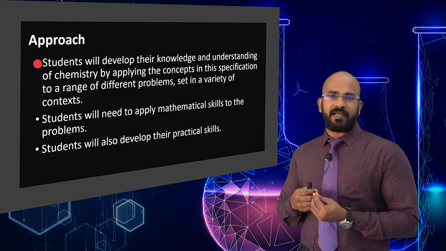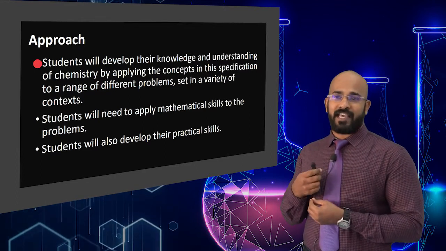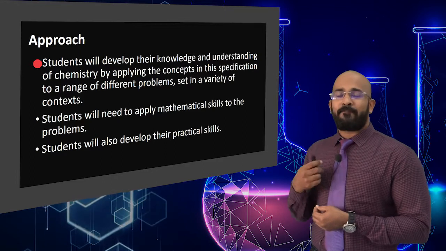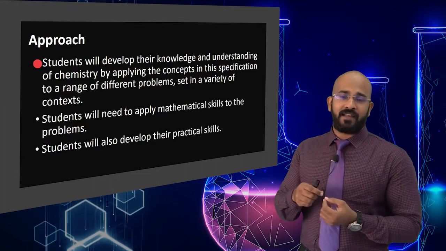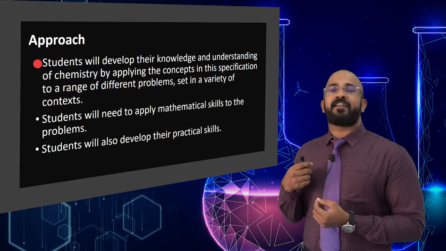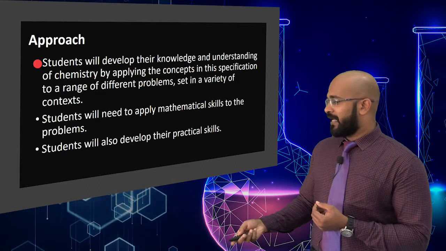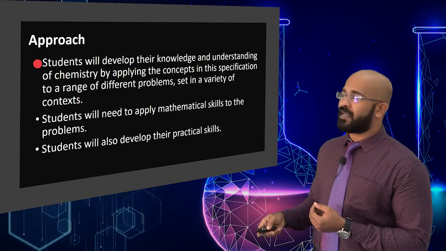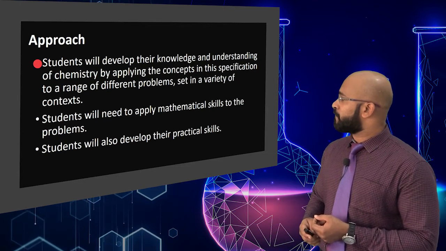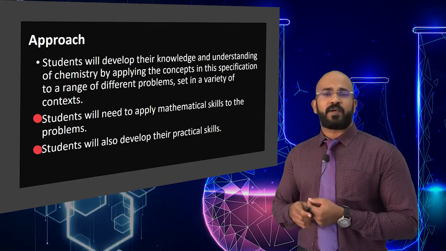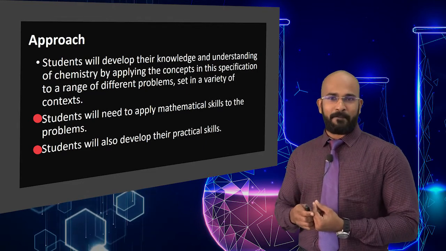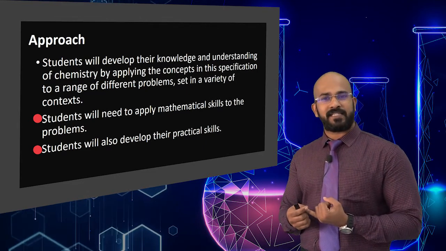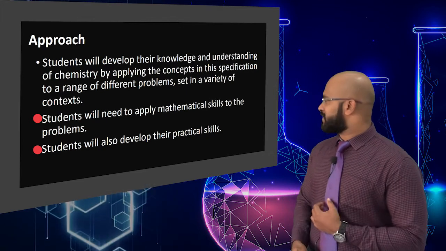Students develop their knowledge in chemistry by applying the concepts that we learn in a different range of questions in a variety of contexts, including familiar contexts and unfamiliar contexts. Also, students will need to develop and apply practical skills and mathematical skills.